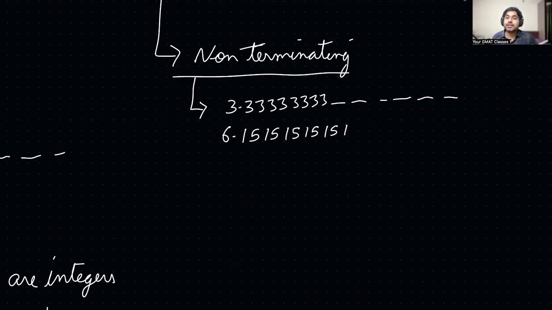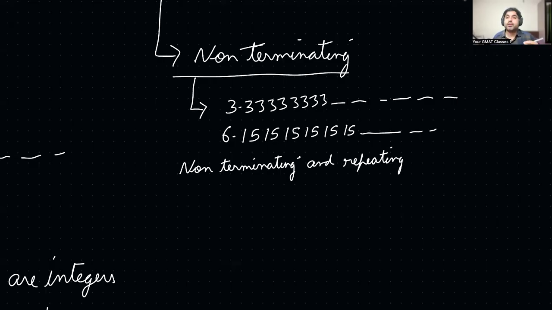These kind of numbers are called non-terminating and repeating. Because they are getting repeated, there is a pattern on the fractional side, which is, even though going till infinity, but because there's a pattern, there's a way to cancel it out.